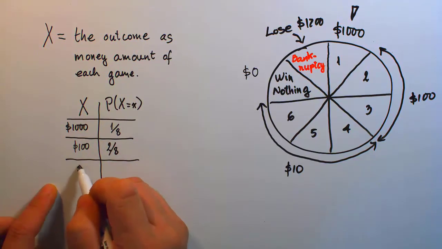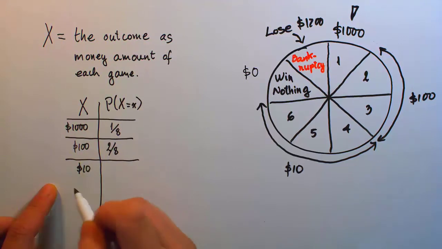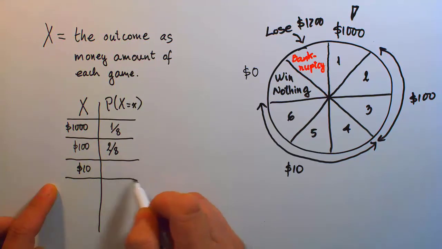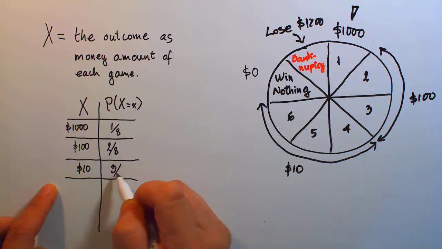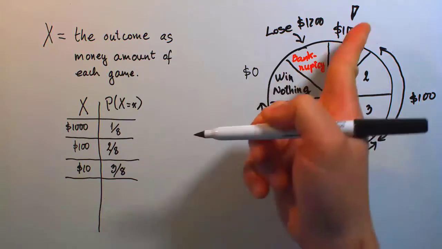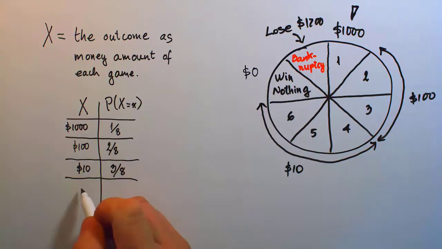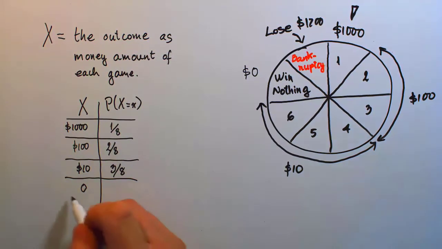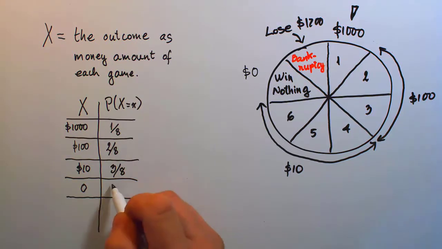And then X can equal $10, where the probability is 3/8. There's also a chance that our needle lands right on win nothing, where the outcome value is $0, and the chance it happens is 1/8.